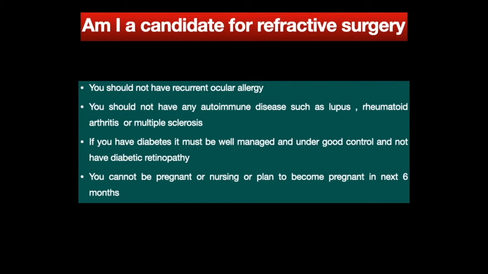If the candidate has diabetes, it should be well managed and under good control, and they should not have diabetic retinopathy. And if the patient is pregnant or nursing or planning to become pregnant in the next 6 months, it's better to avoid any form of refractive surgery.